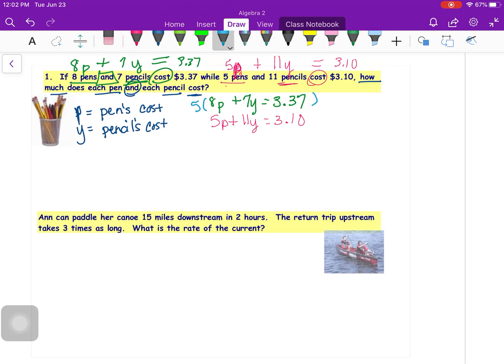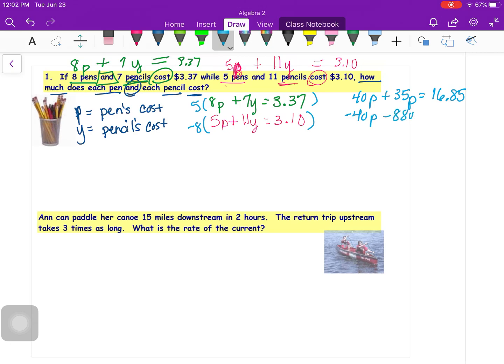I'm going to multiply the top one by 5 and the bottom one by a -8. Then these will be 40p and a -40p, and they'll eliminate. So I get 40p plus 35y equals 1685.